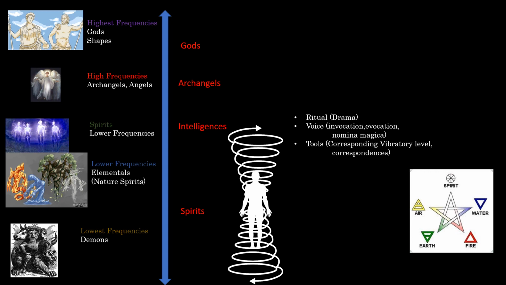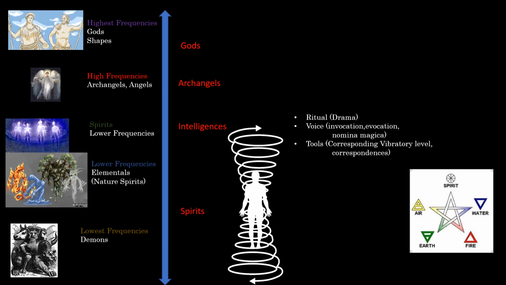In modern magic, let's say from the Golden Dawn onward, we refer to the elemental magic, the material magic, the one that is related to our four elements world. We refer to it as a pentagram kind of magic.